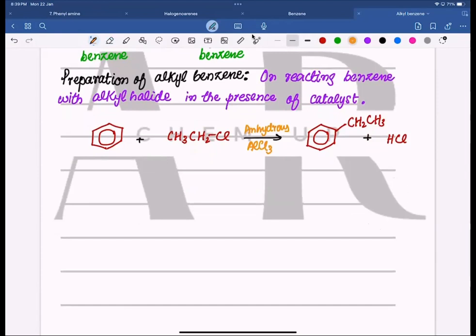Okay. Now there is a small task for you guys. I'm writing the reactants and you guys have to make the product.